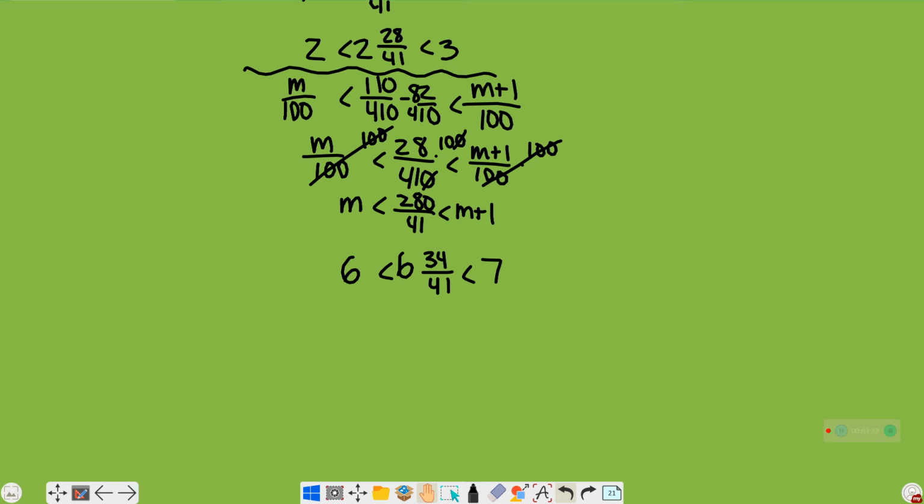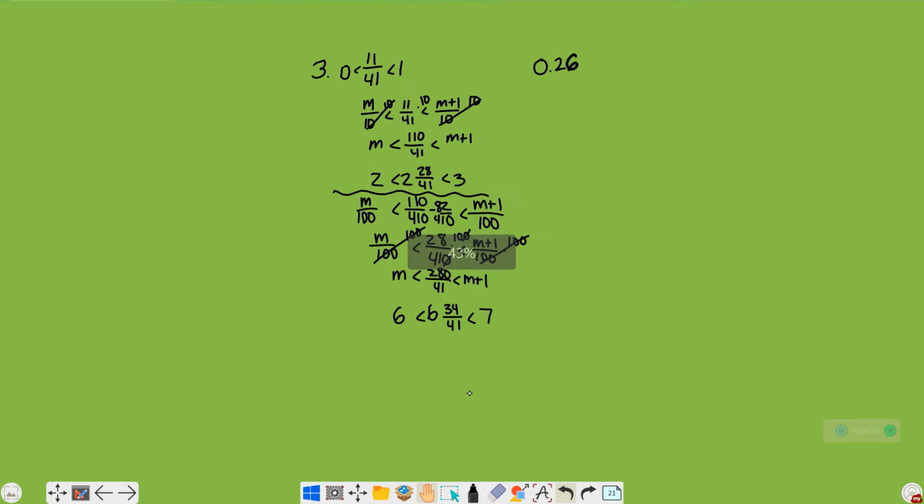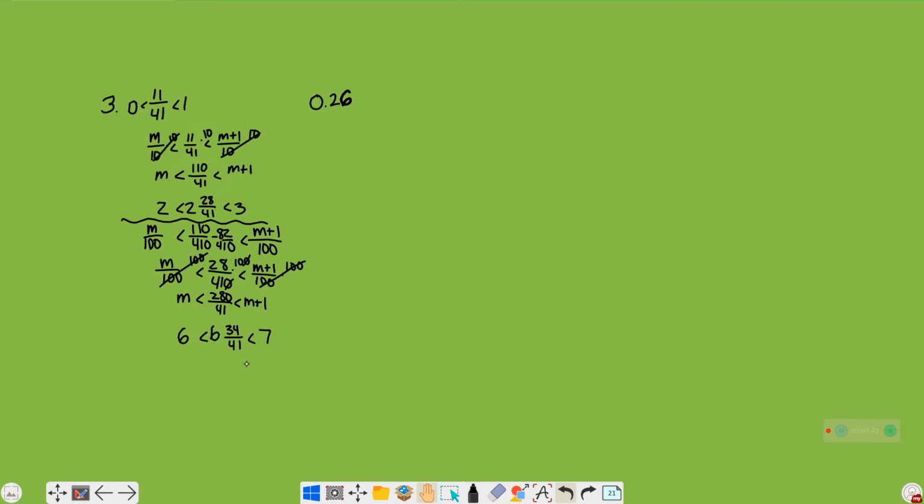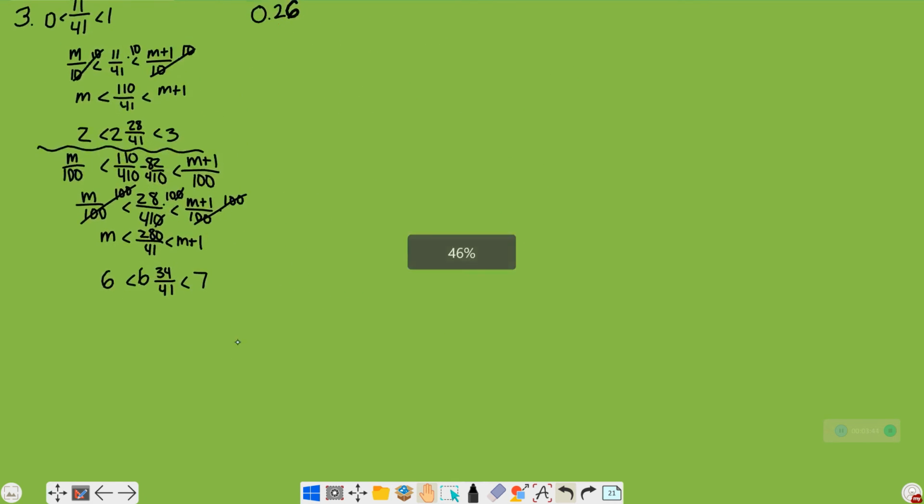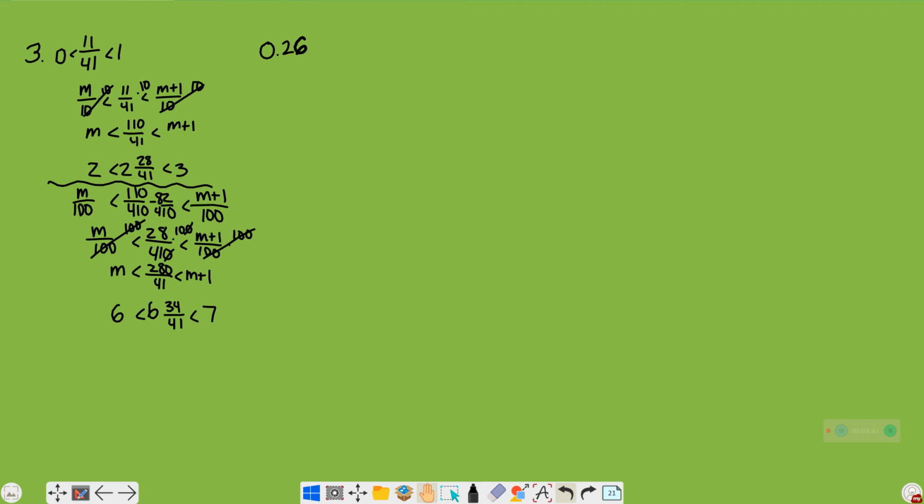Now we have to find the thousandths place because it wants 3 decimal spots. This is going to take up a lot of space. If you need more room, grab an extra sheet of paper and staple it to the back. So now we're going to go back to our original 11 over 41 and subtract what we know so far, which is 26 hundredths, and figure out which thousandths it's between.